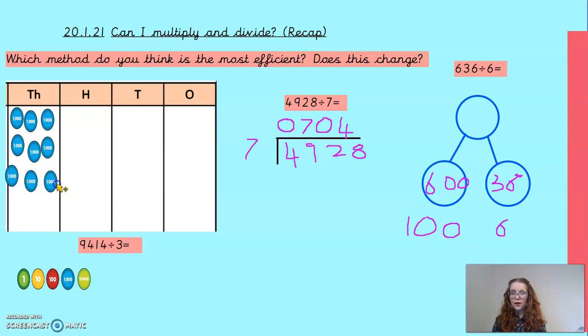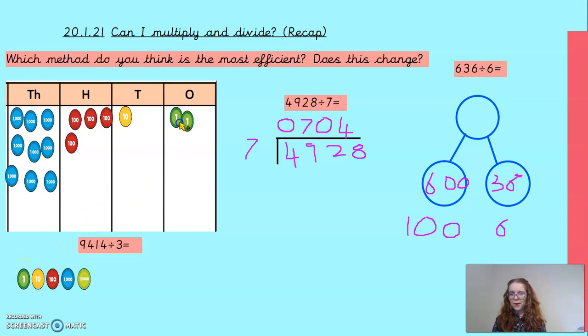There you go. And you can see that I've decided to put them in rows of 3s because I know I'm dividing by 3. I've got 4 hundreds. 1, 2, 3, 4. I've got 1 ten. And then I have 4 1s.